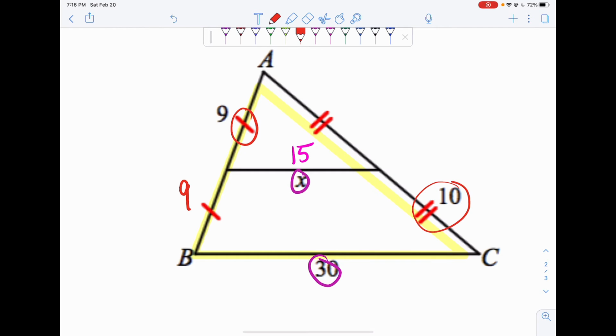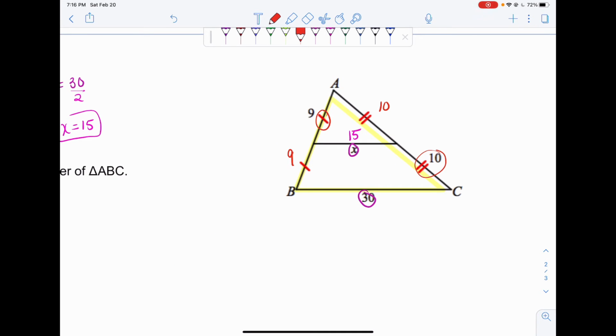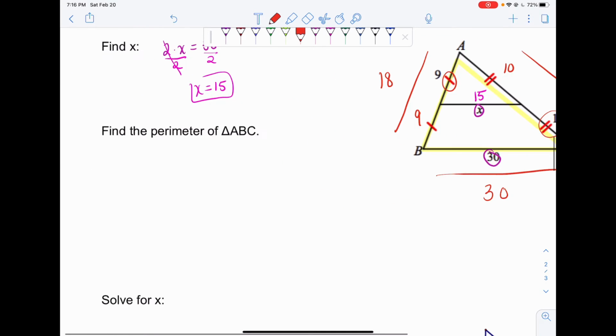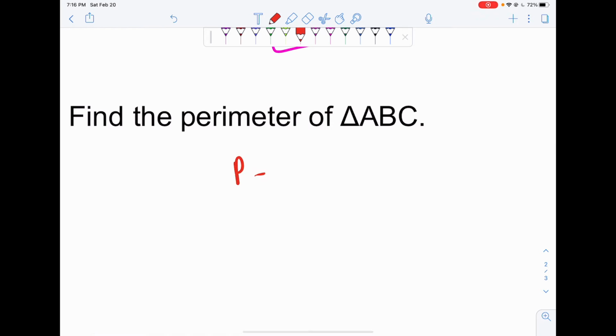I have a 10 right here, so I have a 10 here as well. So if I want to find out what my whole side lengths are, I just add them together. 9 plus 9 is 18. I have a 30. 10 plus 10 is 20. So my perimeter is going to be 18 plus 20 plus 30.